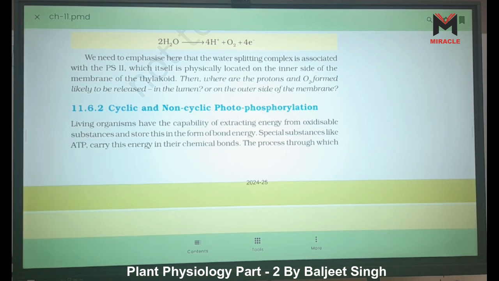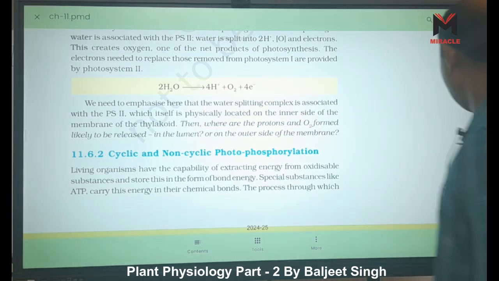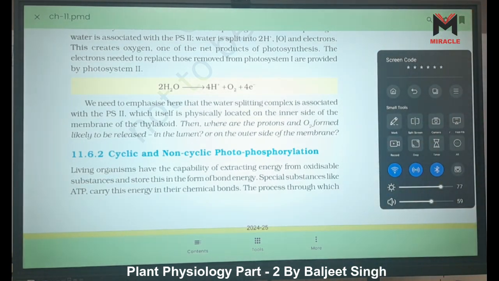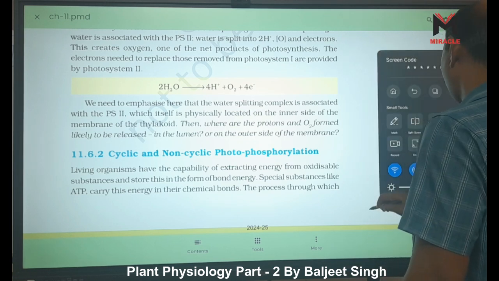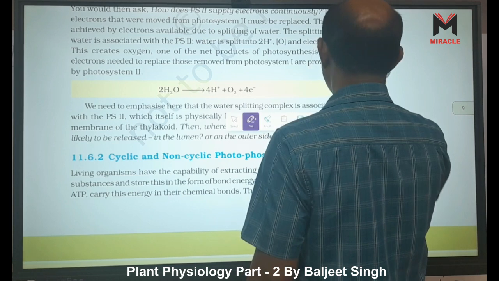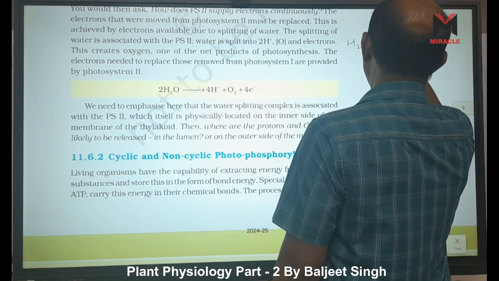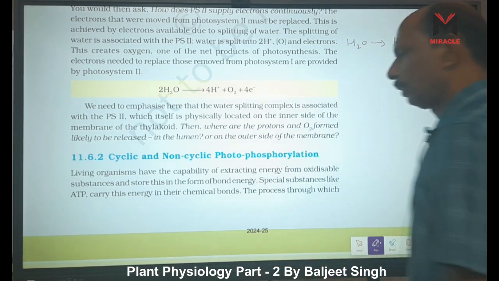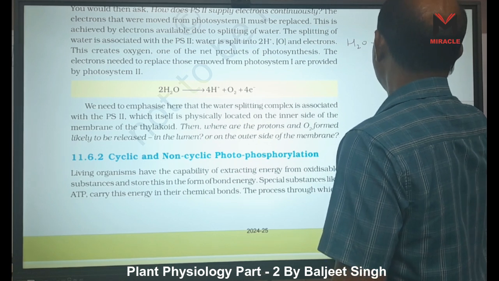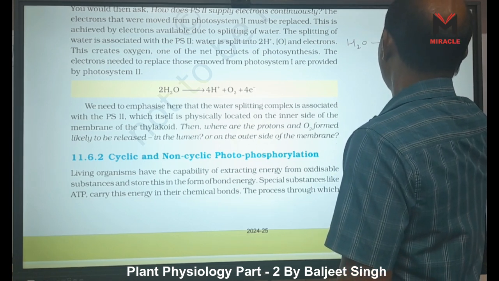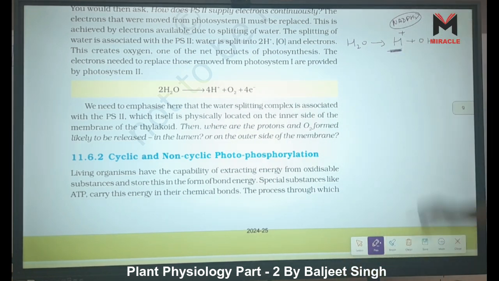Cyclic and non-cyclic photophosphorylation. Now here one question is already given, but when water is split, I tell you here why two molecules of water are used in each cycle. We can understand this from here. Look here, I write H2O. H2O is split into H plus and OH minus. Now it is correct, right? Then what happens? Look, this H is used for the reduction of NADP to NADPH2.